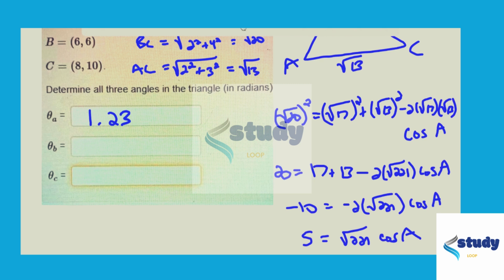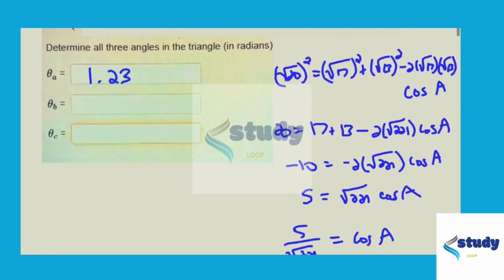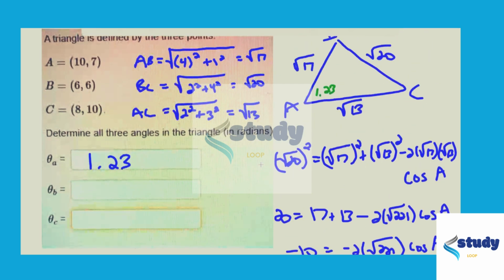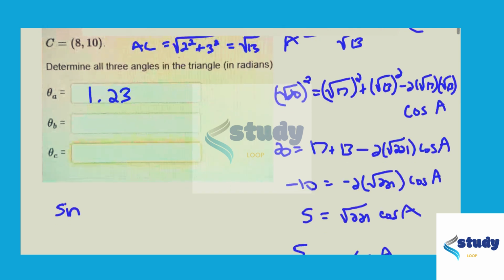From there, we can do the law of sines. Let's say we want to find angle B next. The sine of angle B over its opposite side, the square root of 13.